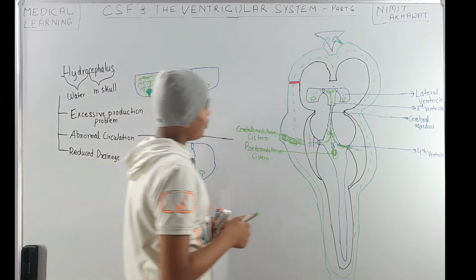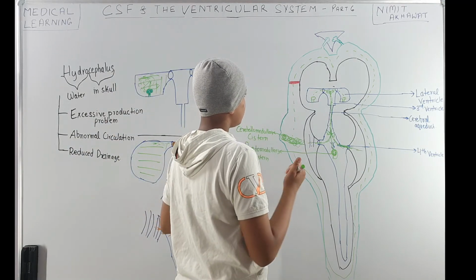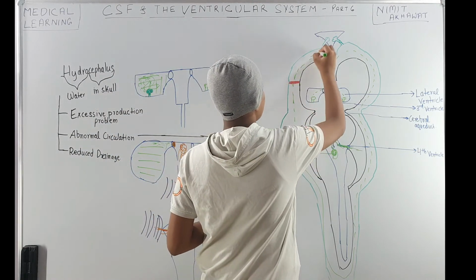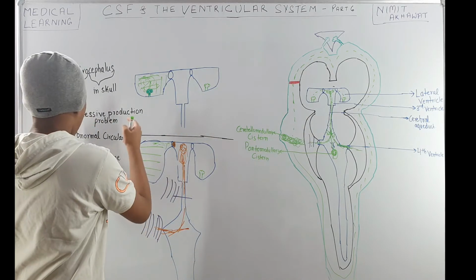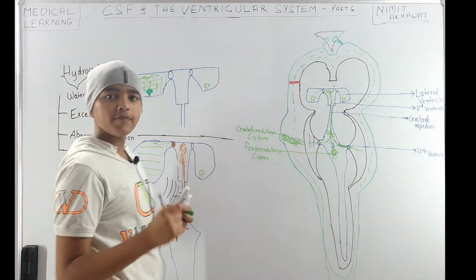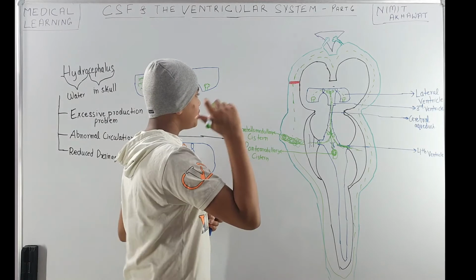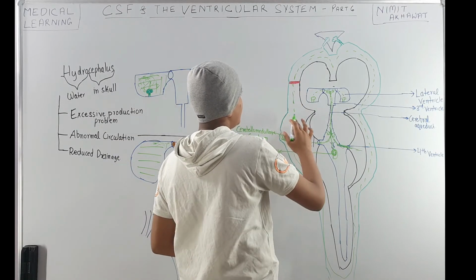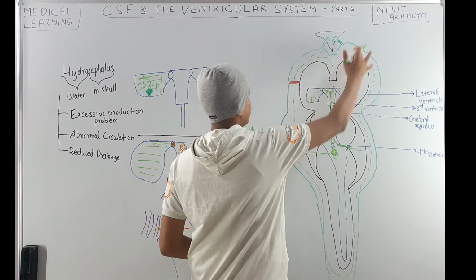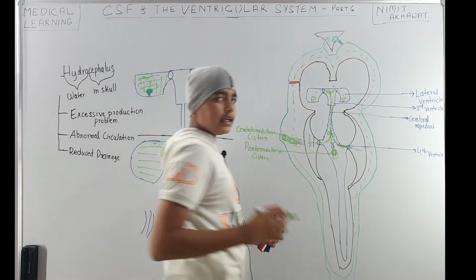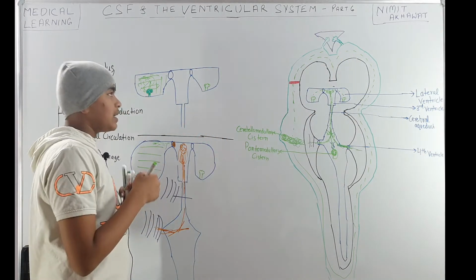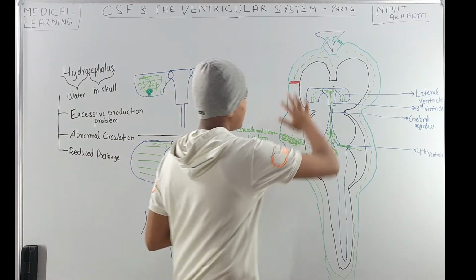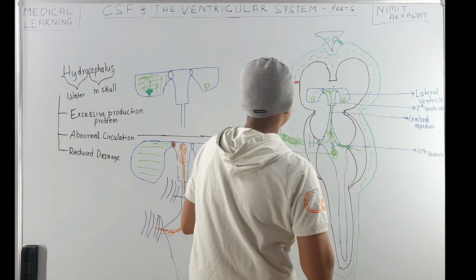And this is one of the primary reasons of reduced drainage as well as abnormal circulation of cerebrospinal fluid. Due to meningitis, cerebrospinal fluid is not allowed to pass through the subarachnoid area and enter the superior sagittal sinuses and circulate itself in the subarachnoid area.